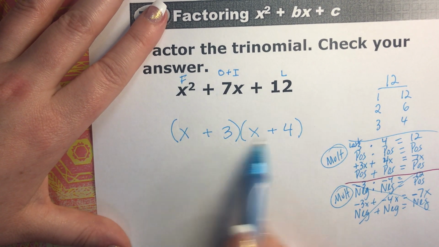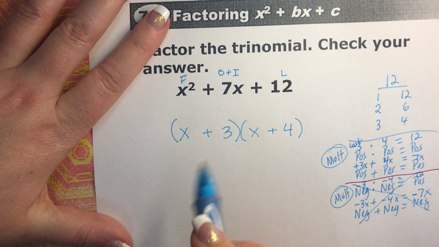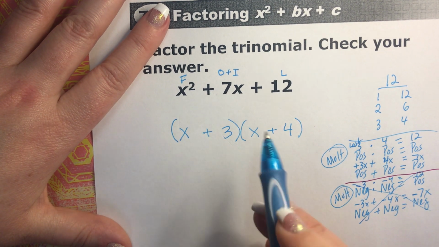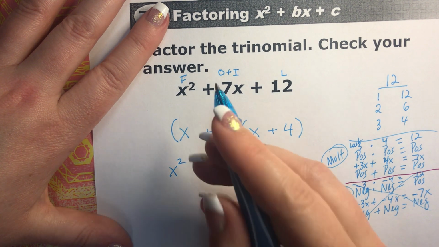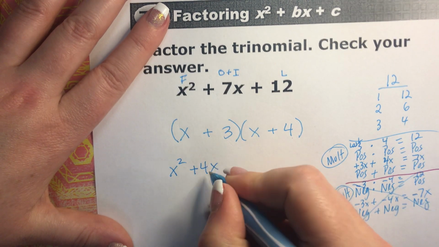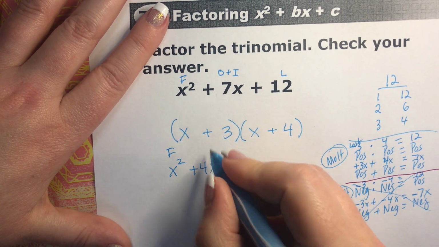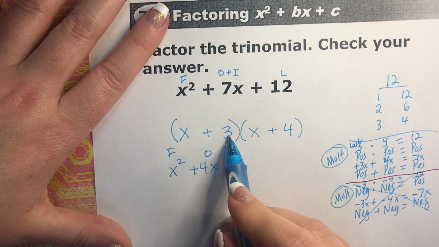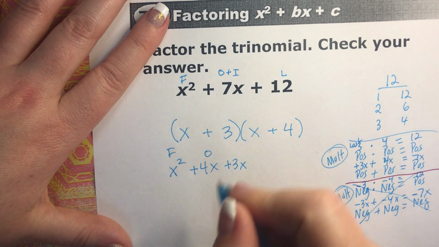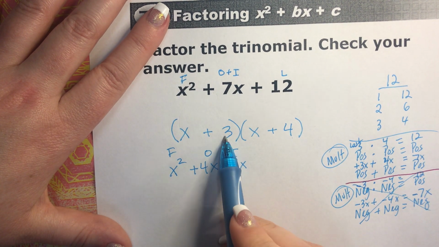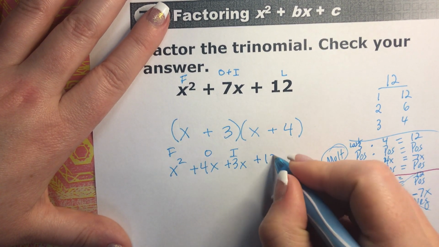So that's it. This is basically my answer. Now I'm just going to check it, right? So x times x, that's my x squared. x times 4 is a positive 4x. This is my first. This is my outside. And then I go inside, 3 times x, which is a positive 3x. This is my inside, and then my last is 3 times 4, which is 12.